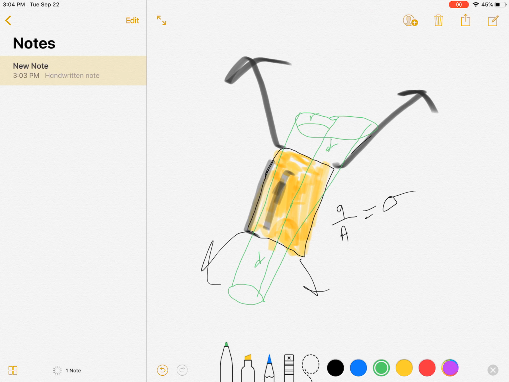So the first thing we need to consider are the field lines of this infinitely long plane and the electric field at various points. So the first thing to notice is that the electric field at various points is going to be directed directly up, at every single point above the plane. If it's below the plane, it's going to be directed directly down.